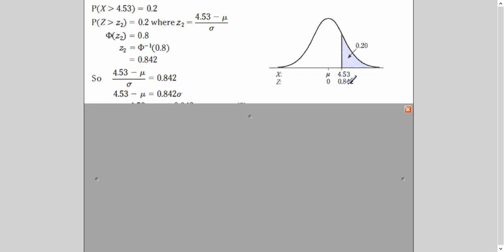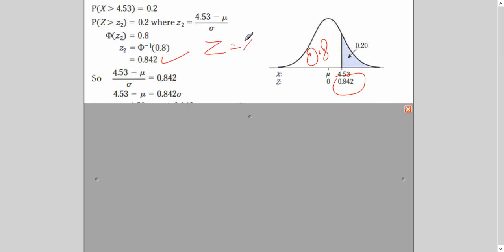If you look at this condition, it is saying weight greater than 4.53 is 20%. So this whole area is 80%. So from the z table, find out against 80% probability your z value, which is written here. So this is your z value.